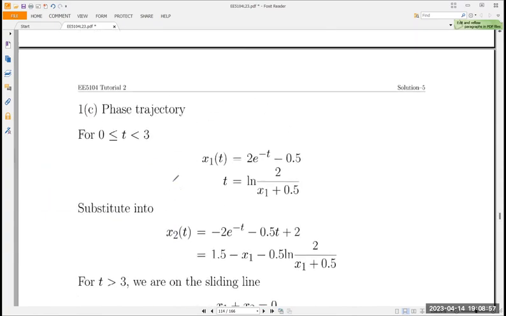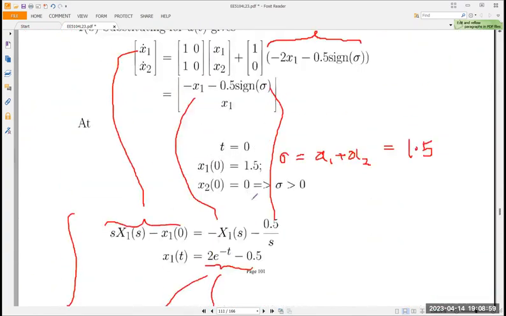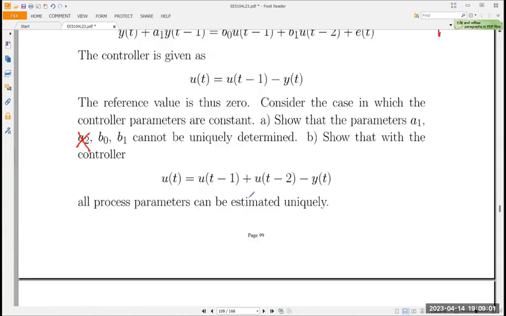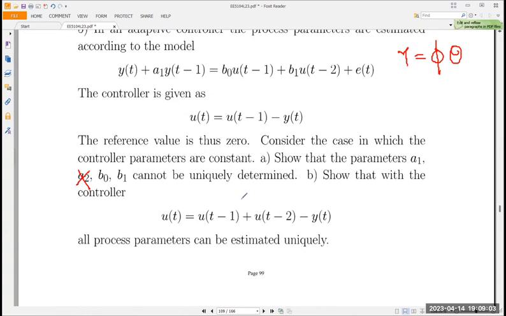If you go back, the controller now for u is changed to this. So no longer this controller, you change to a more complicated controller. If you do this, then you substitute y into the determinant.